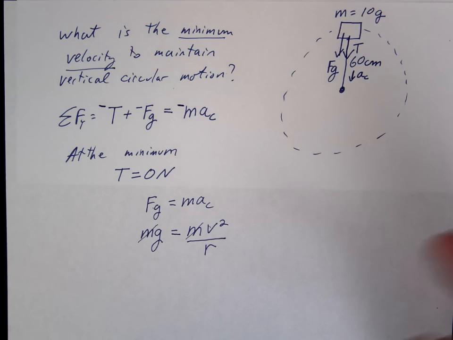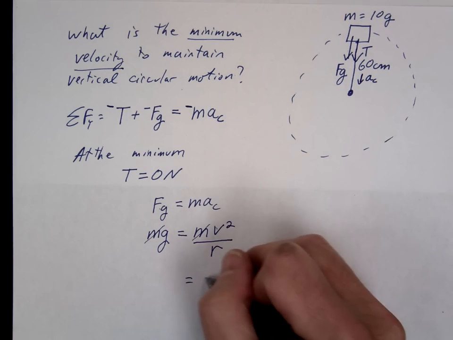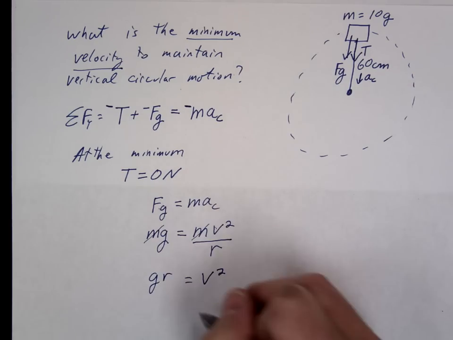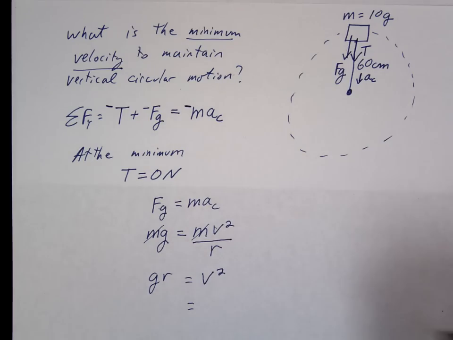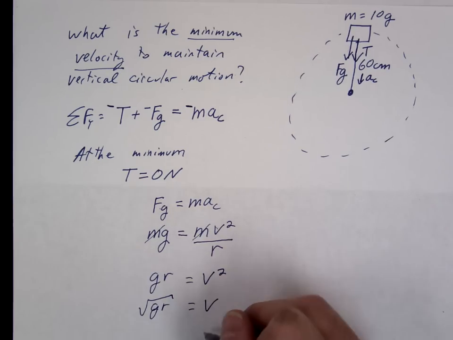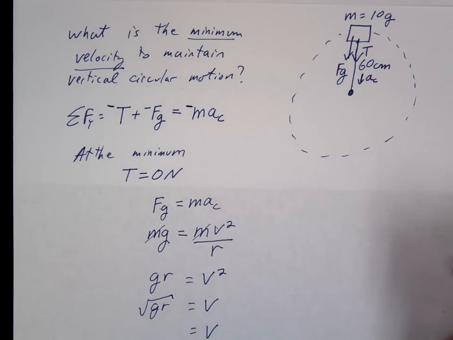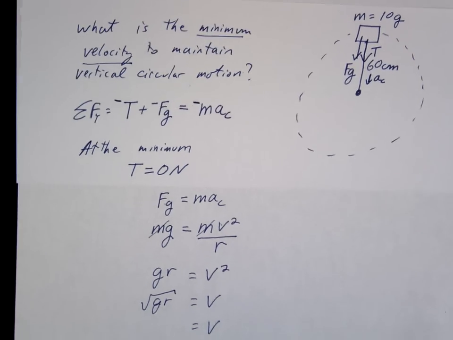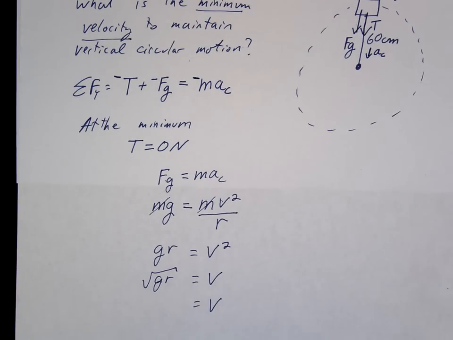Everyone's going to make it. No one's going to die. V squared equals gR, or V equals the square root of gR. The only thing they have to worry about is the radius. From the radius, they can figure out the minimum velocity to make the loop-the-loop without people falling out.